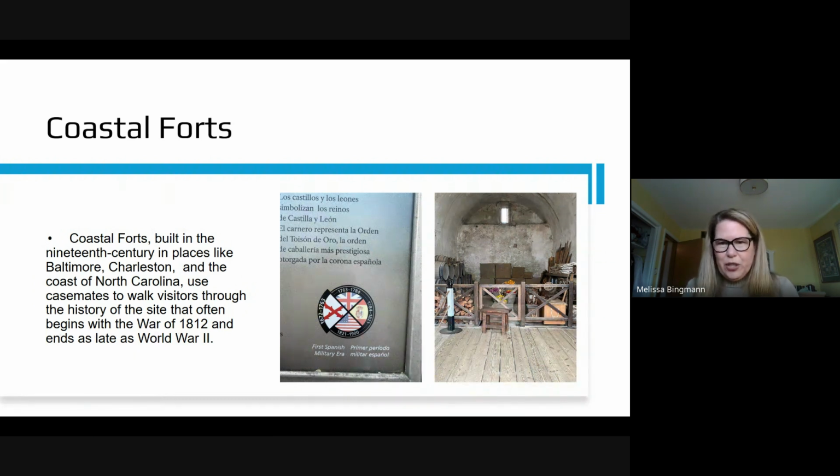Now, I'm going to say these are exceptions. Most sites doing the long history does a disservice to the site and historical significance. So many of you have probably been on house tours where you walk in the door and you just get a chronology of when the house was built, all the people who owned it, when it got taken over as a historic site, and then you're on your way, okay?